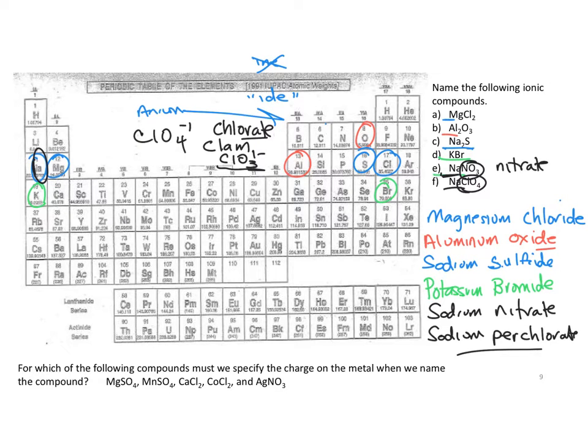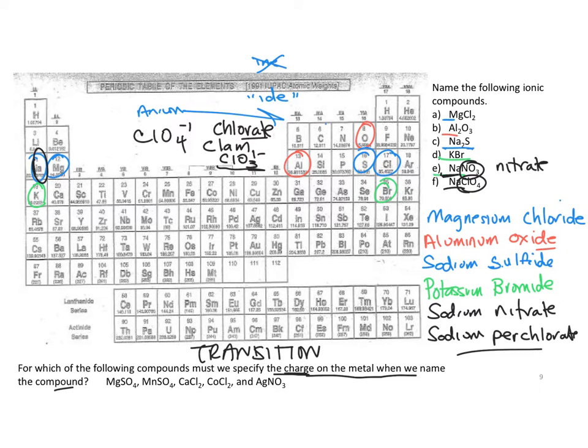Which of the following compounds must we specify the charge on the metal when we name the compound? Okay, so these are the transition metals. So we're going to have to look at the metal and see if it's in group 1, 2, or 3, then we do not have to worry about the charge.